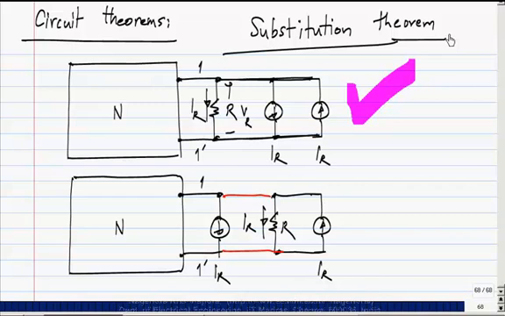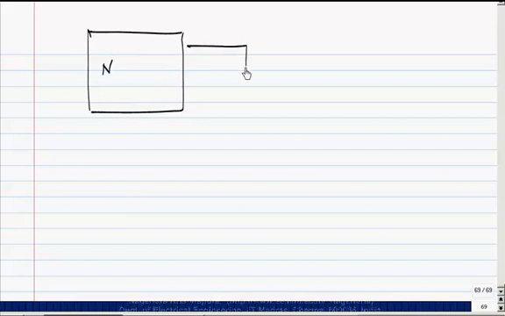Two voltage sources in series in the opposite direction. Where will I put the voltage source? I have VR and IR flowing through this. Okay. So where will I put the voltage sources? In series with this branch. Okay. Let me make this a little longer.